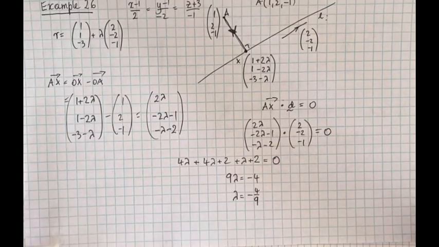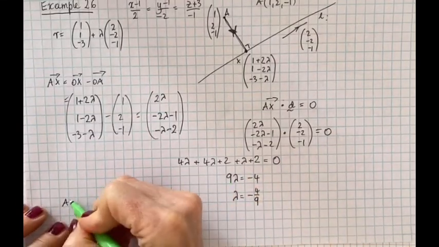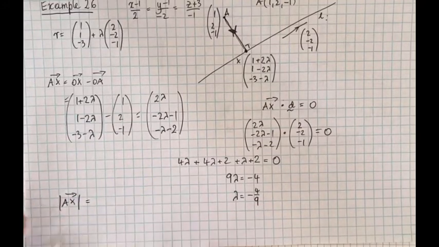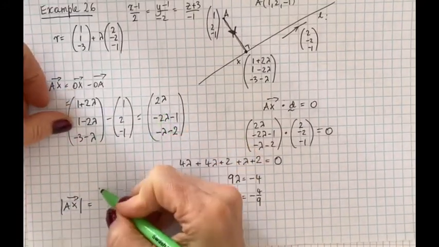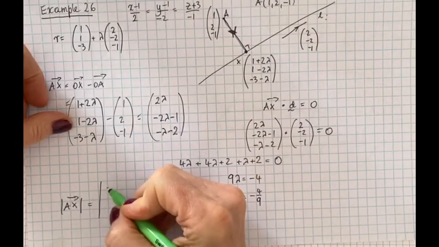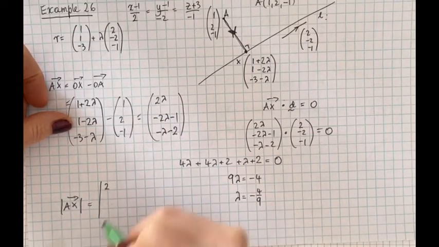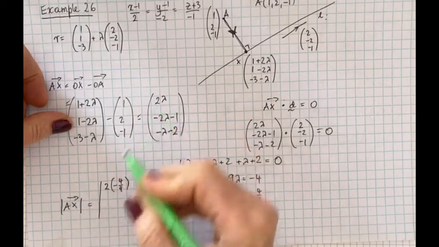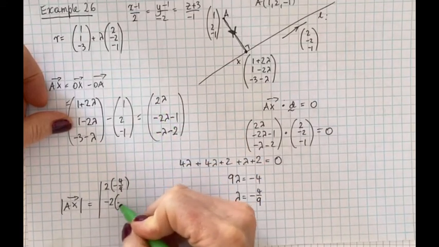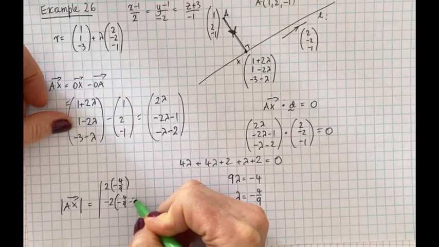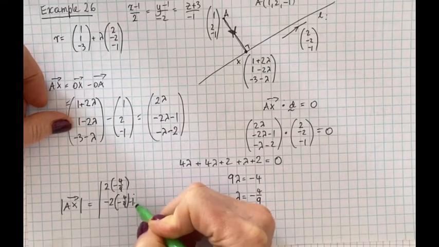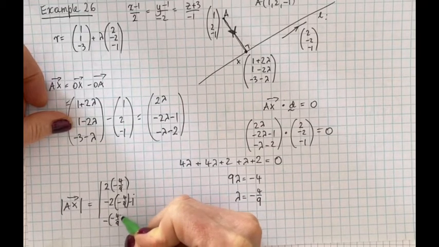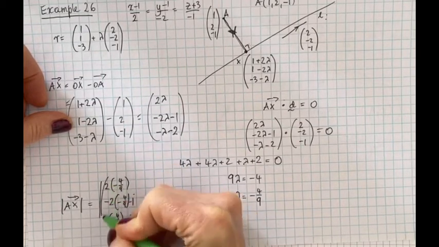Okay, so what is the length of AX? That's what we're looking for. So we're going to sub minus 4/9 into this vector over here. So minus 2 times minus 4/9 minus 1, and then minus 4/9 minus 2.